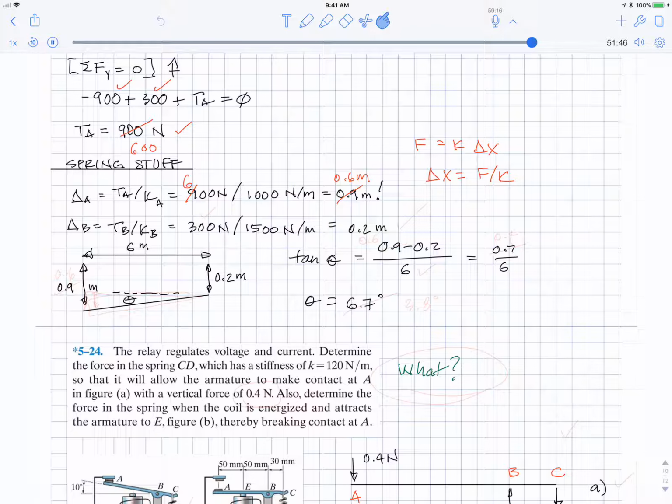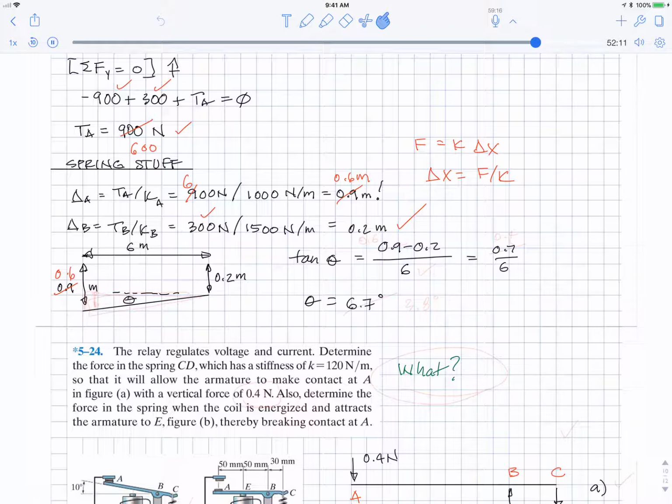That's crazy. Anyway, then I got TB, which was 300 newtons, and the spring constant for B was 1.5 kilonewtons per meter, or 1,500 newtons per meter, and that came out to 0.2 meters. And so the left side, which I got wrong again, went down 0.6 meters.